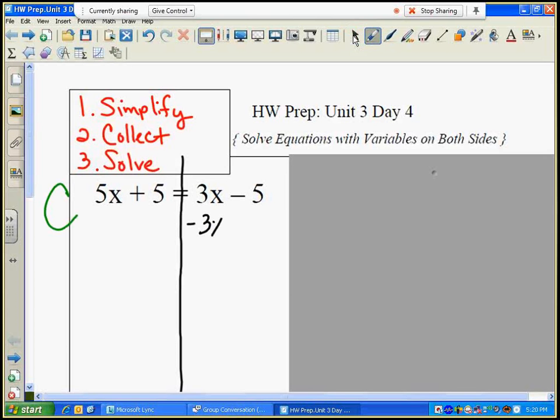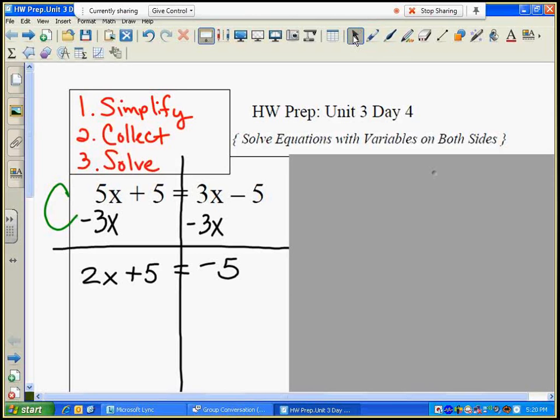The reason is that when I get done, I'm going to end up with a positive coefficient with my x's. In other words, a positive 2x plus 5. I prefer to work with a positive coefficient over a negative coefficient. It just makes the problem a little bit easier.